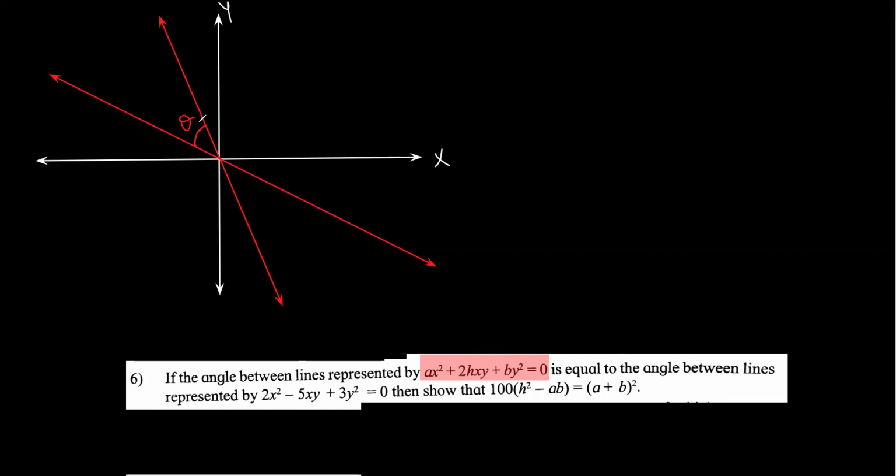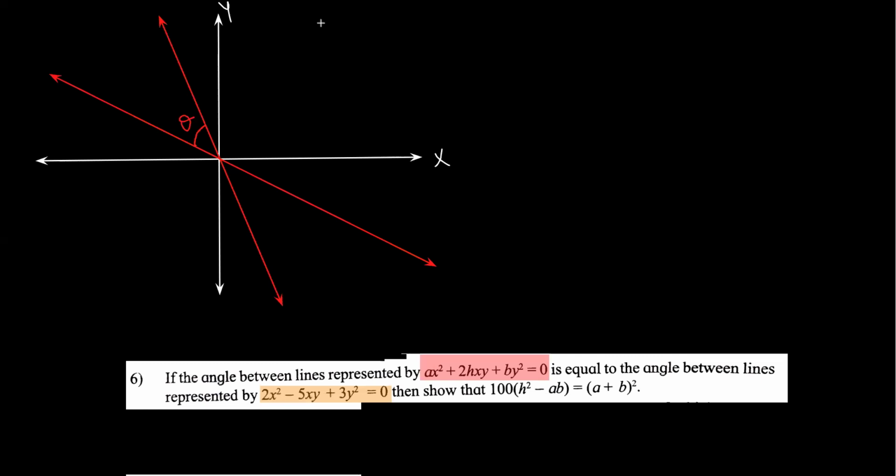Now they're saying there is an orange pair of lines whose combined equation is given by this orange shaded equation. Now I will draw those orange pair of lines.